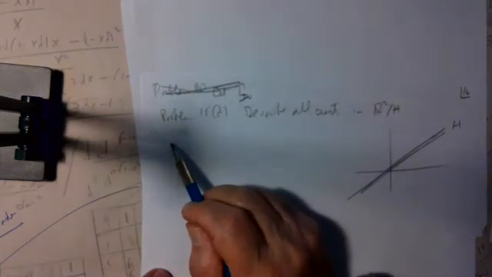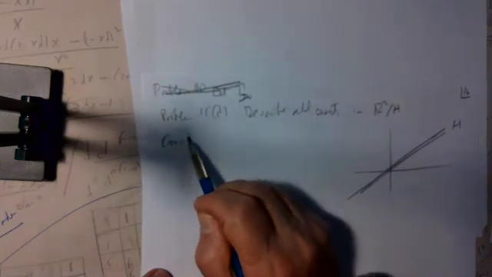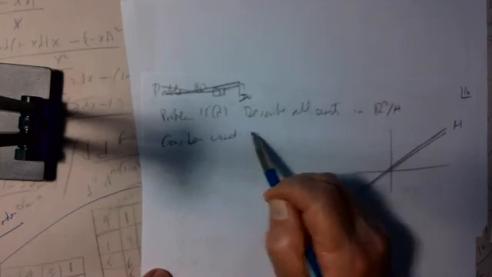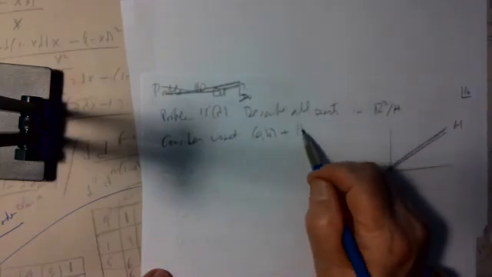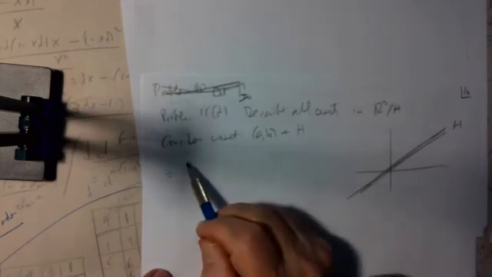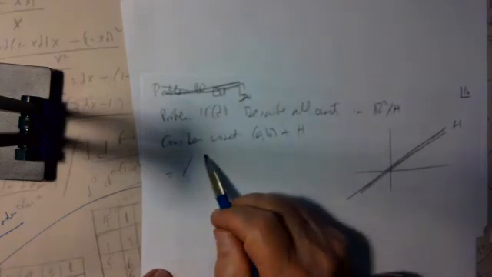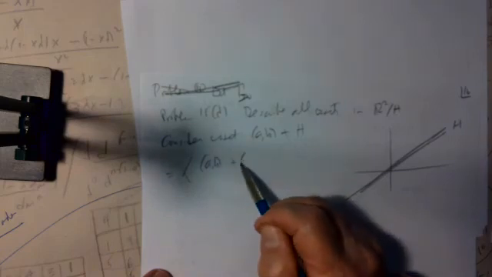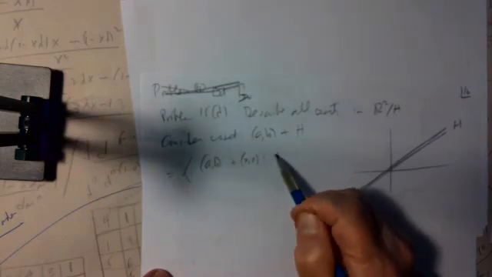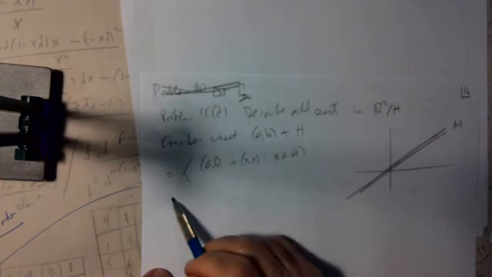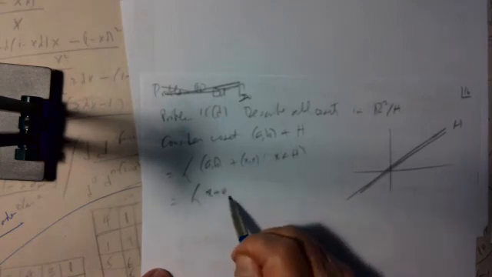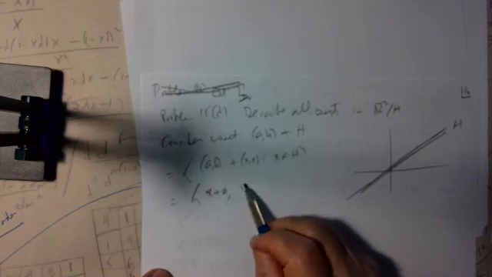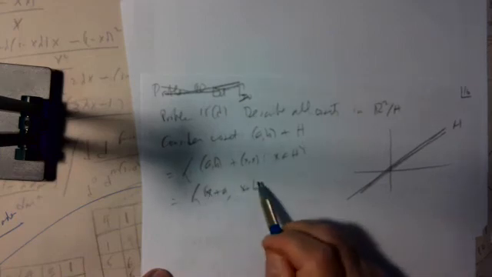Suppose I consider the coset a, b plus H. So this is the set of all vectors of the form a, b plus x comma x, where x is in R. So this is everything of the form x plus a, x plus b.